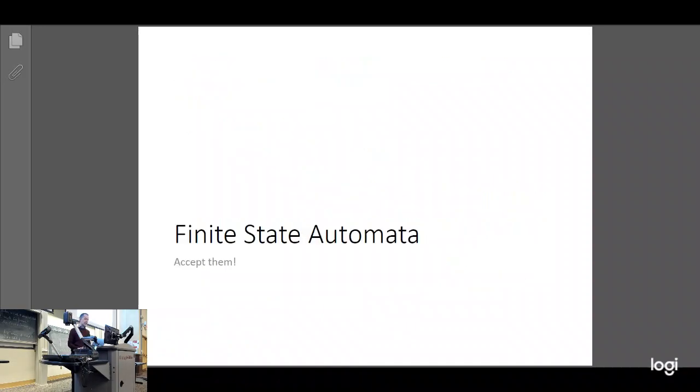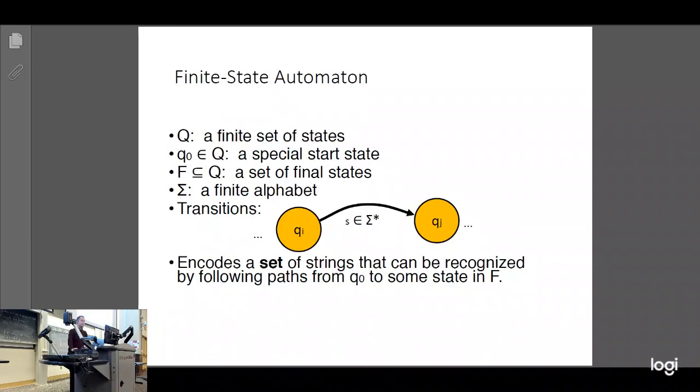So let's get to finite state automata, sometimes also called finite state acceptors. They have the following parts. They have Q, which is a finite set of states, one of which, Q sub 0, is a special start state, and some of which, F, are a set of final states. We usually indicate the final states by drawing them double. Then we have sigma, a finite alphabet, and we have transitions between states.